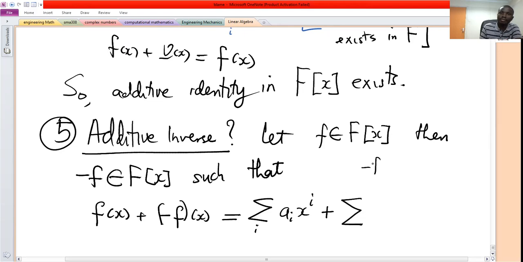Remember, negative f(x) is the same as the summation of negative a_i x^i.